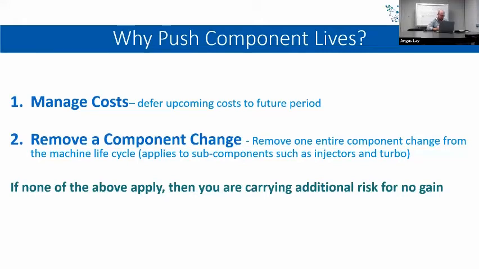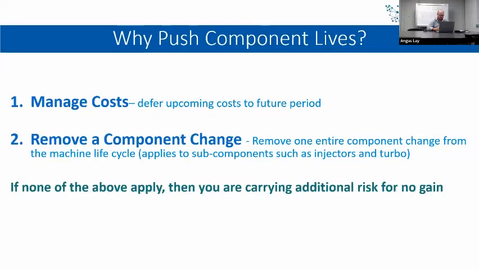Probably the main reason is to remove a component from the life cycle costing, and that's where there are huge financial incentives and cost benefits to the business, and not only on components, potentially even subcomponents. For example, by removing a set of injectors from a specific engine.